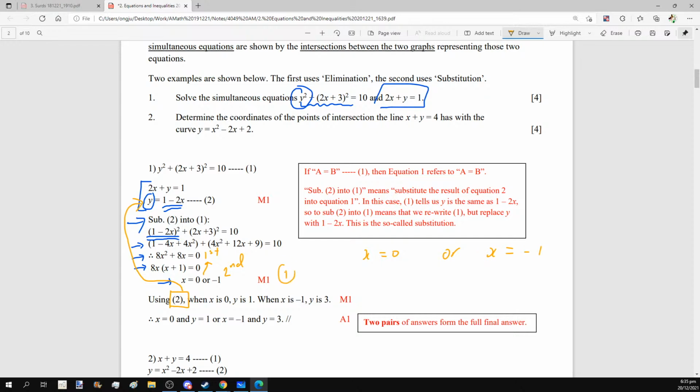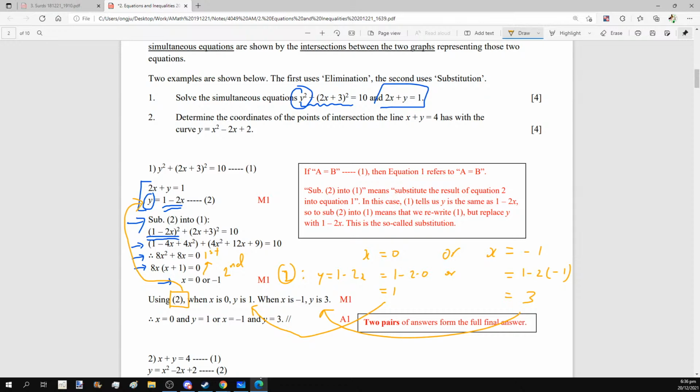And then equation number 2 tells us that y equals 1 minus 2x, which will be equal to 1 minus 2 times 0, in other words 1, or will be equal to 1 minus 2 times -1, which will be equal to 3. So we have 1 and 3 respectively.